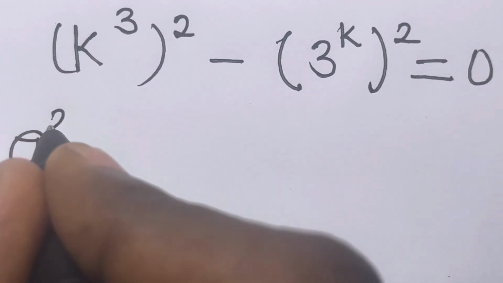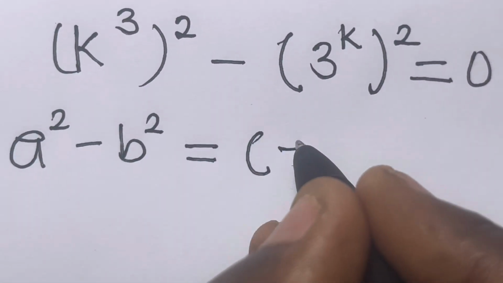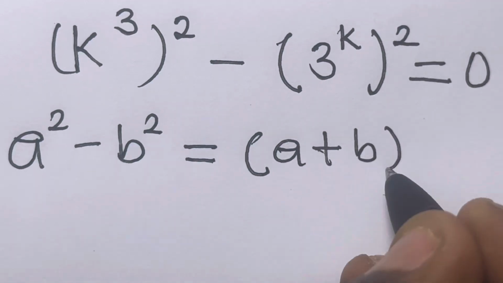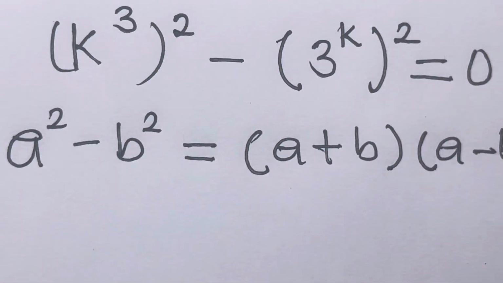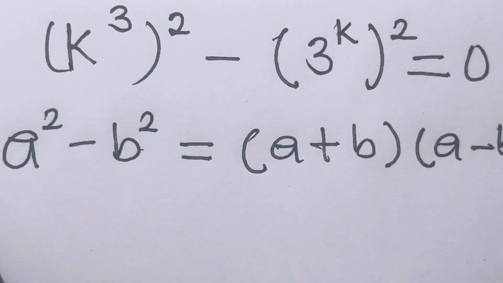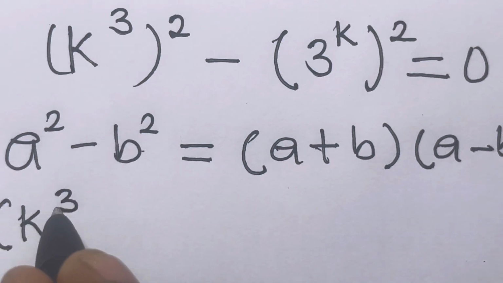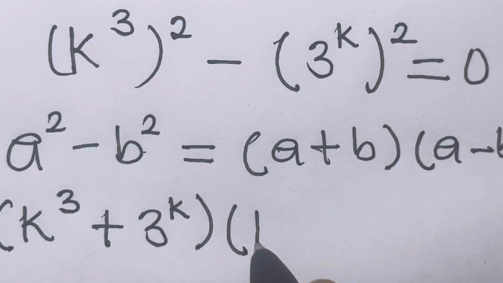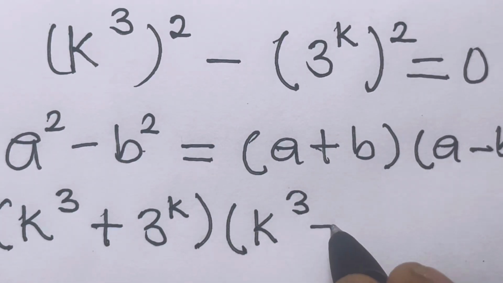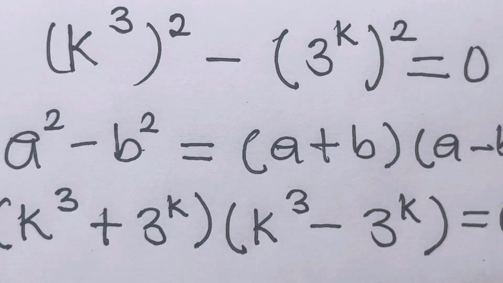From here, you observe that we have the difference of two squares, such that if we have a square minus b square, this equals a plus b multiplied by a minus b, right? Applying this, we will have k raised to power 3 plus 3 raised to power k multiplied by k raised to power 3 minus 3 raised to power k equals 0.